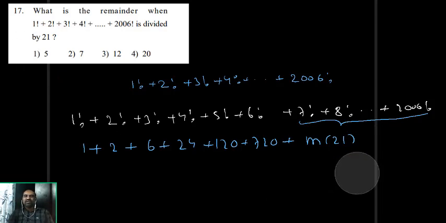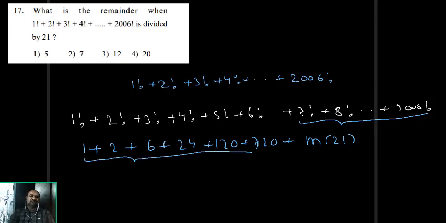So it is better to find the remainder when the remaining summation is divided by 21. I will add 720, 120, 24 plus 9 is 33.